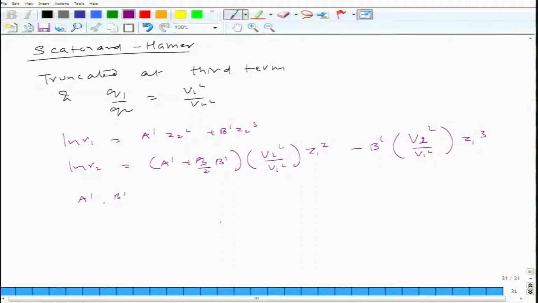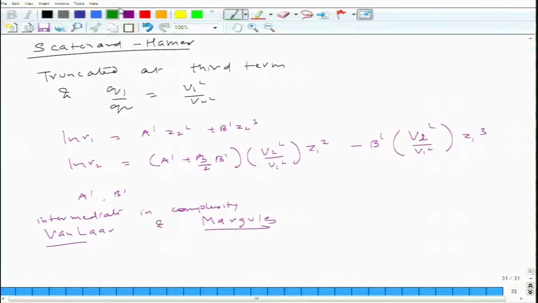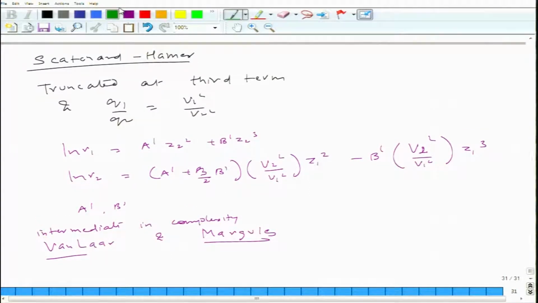But what is important is that Scatchard-Hamer captures the complexity in between Van Laar and Margules, so intermediate in complexity. We may use some of these expressions to do some examples. That's a different matter, but the idea is that this is another possibility if you have intermediate complexity. What is the intermediate complexity? Where of course the size differences are there. That is part of the complexity.